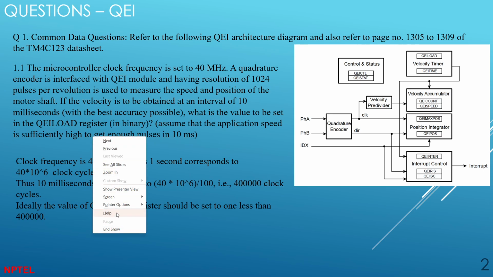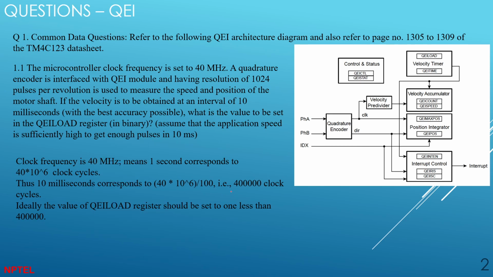So the QEI load value will be 4 lakh clock cycles. But in the question it is written that it has to be in binary. For all binary operations we just need to subtract 1, because in binary we also count 0 as 1 cycle, right? Here the answer will be 4 lakh minus 1.